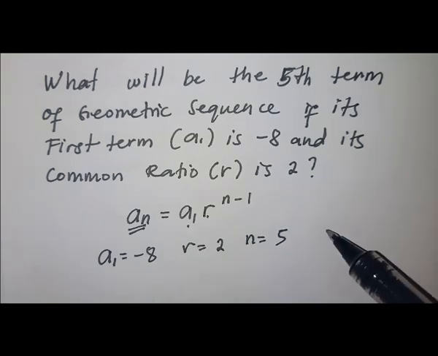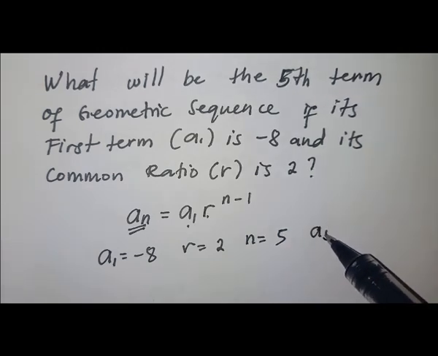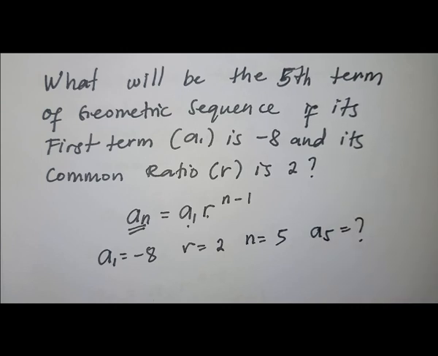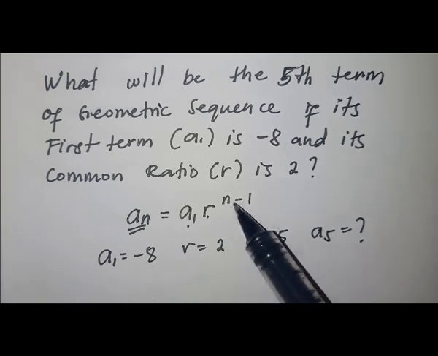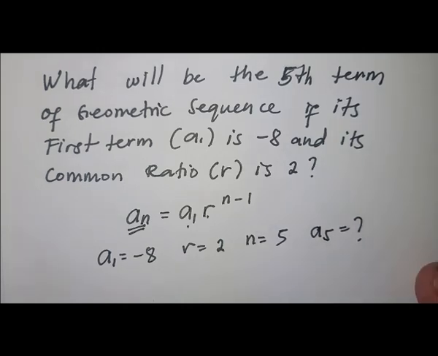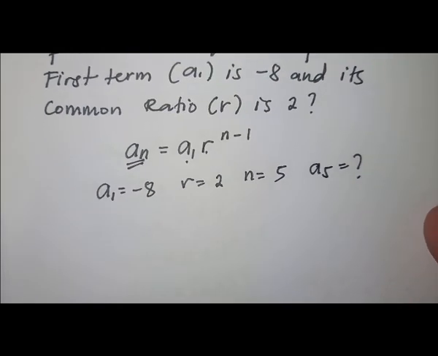Okay, and we need to solve for the 5th term of the geometric sequence. Okay, so dahil meron naman tayong mga corresponding value for this geometric sequence, substitute na lang natin yung bawat value kung saan sila dapat. Okay, so now let us try to solve.